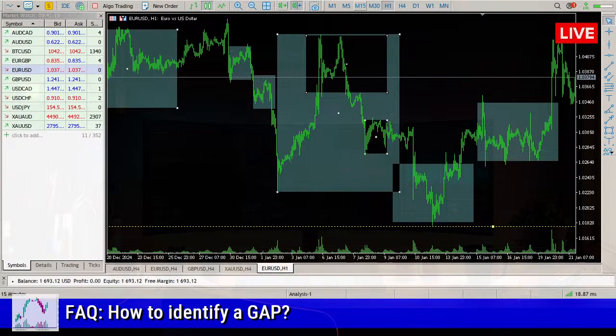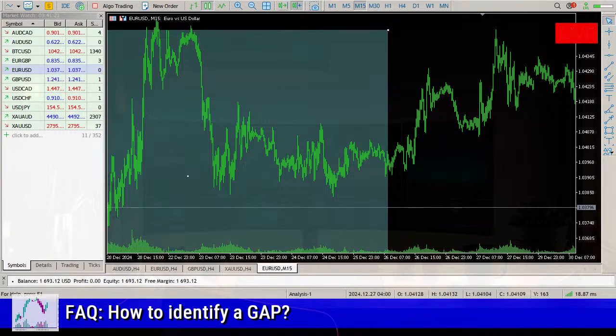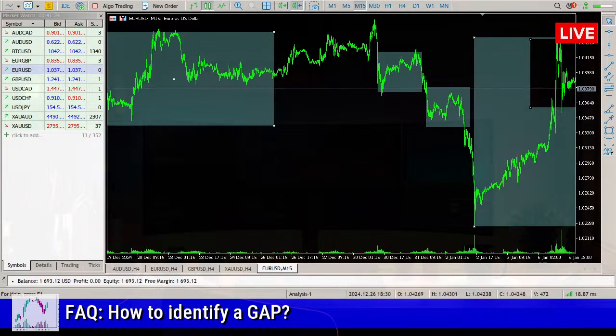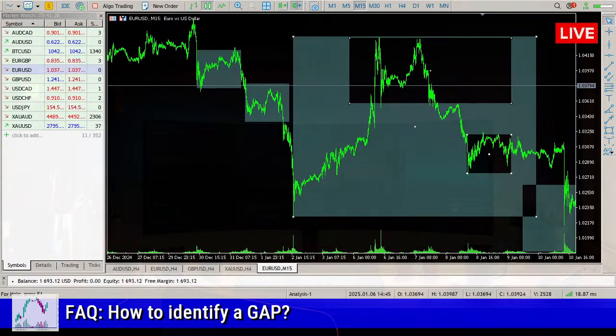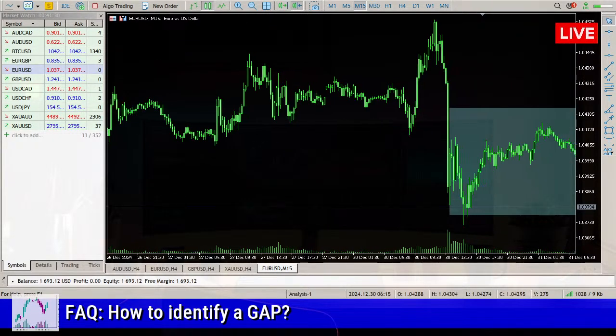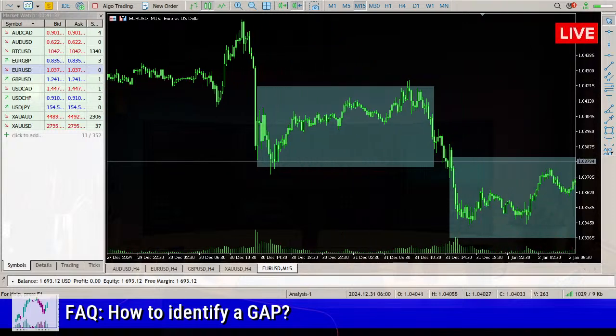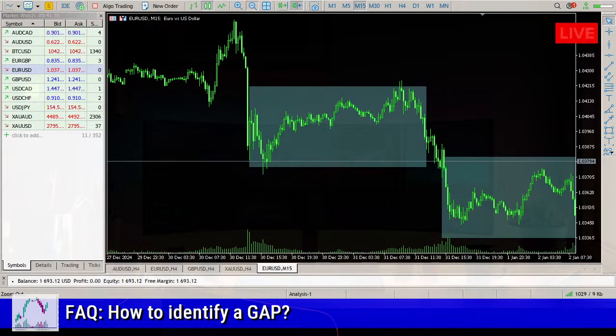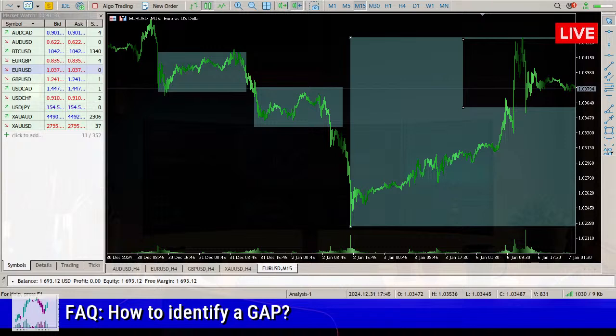When you move down to a lower time frame, you need to zoom out first, looking for the range. We have around this size, about this size, okay? See?